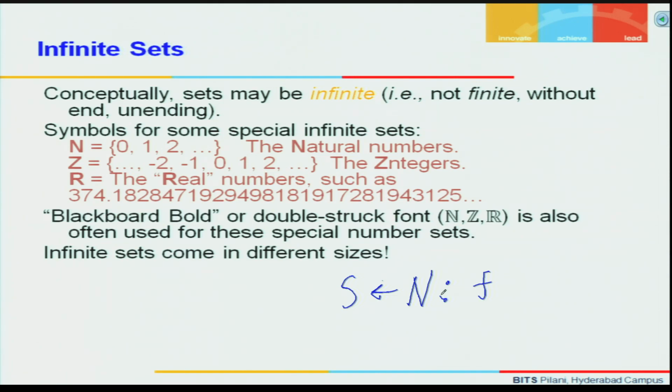What I am saying here is basically I have got a set S and it is an infinite set. Formally, it is defined like this: this set is a countably infinite set if you can cook up a function f from S to N such that it is both one-one and onto at the same point of time.